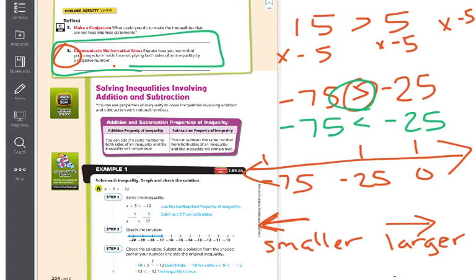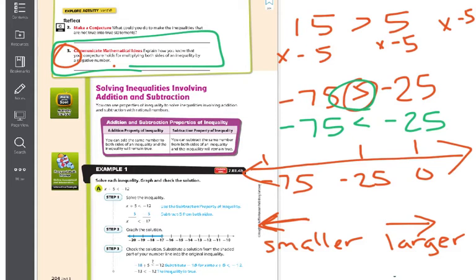Okay? That happens because multiplication and division are so related to each other. Dividing by a number is the same as multiplying by its reciprocal, right? So when we divide by 1/2, it's the same thing as multiplying by 2/1. Remember how you don't divide, we multiply by the reciprocal when we do fractions.